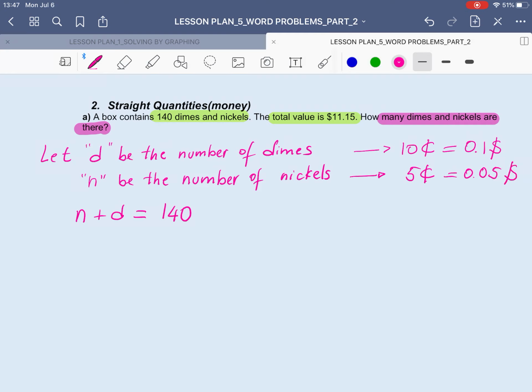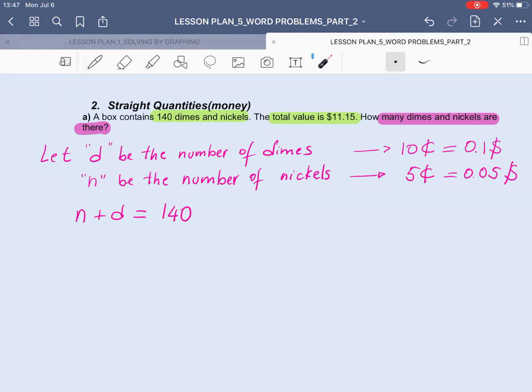Okay? So now we're thinking, do we use dollars or do we use cents in our equation? So I am thinking, well, here I'm given the amount of money in dollars combined with nickels, but I would say in dollars because we do have a whole amount of dollars here. So I am going to stick with the dollar value of nickels and dimes.